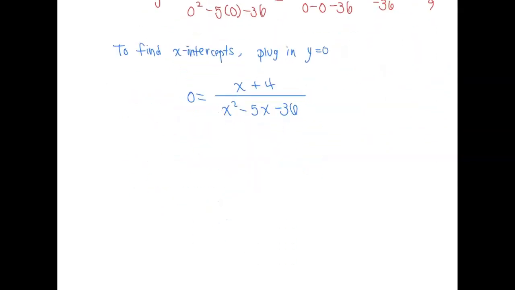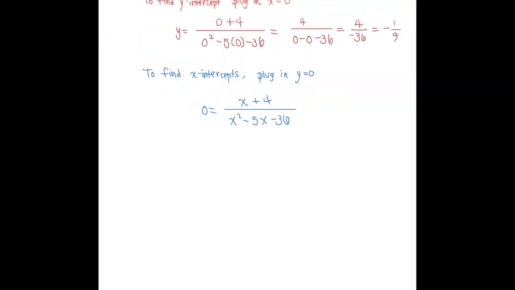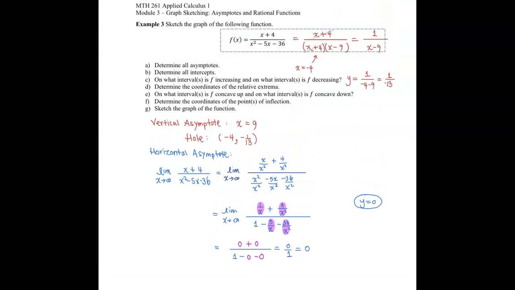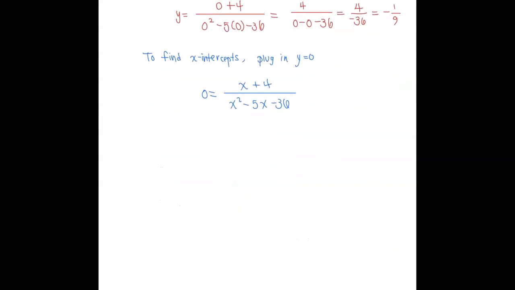Now, this is going to be a little bit tricky, okay? Because a fraction is 0 when the numerator is 0. But you remember in the first video how we factored and simplified this? I'll copy this from that very first video on this page.